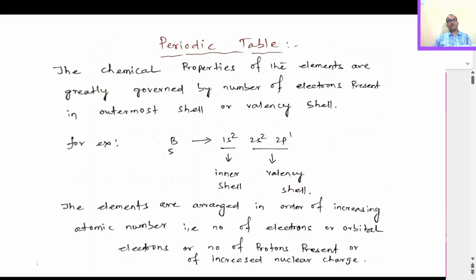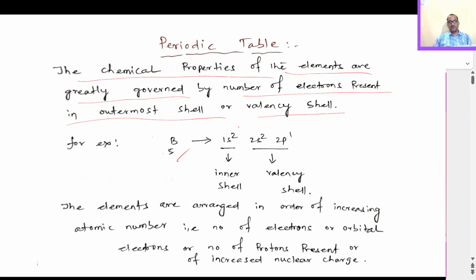So now next move to the periodic table. Where all these atoms or elements will stay, they will go into the periodic table. The chemical properties of all the elements are generally governed by the number of electrons present in the outermost shell, that is called the valence shell. For example, boron, atomic number 5.